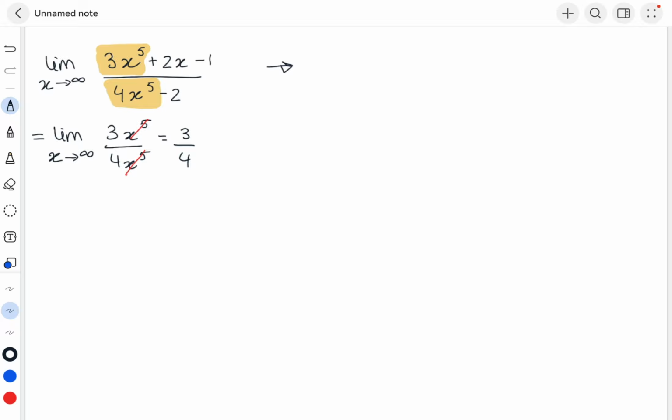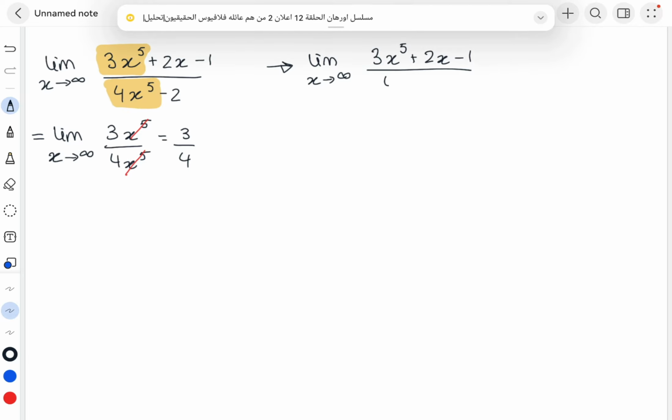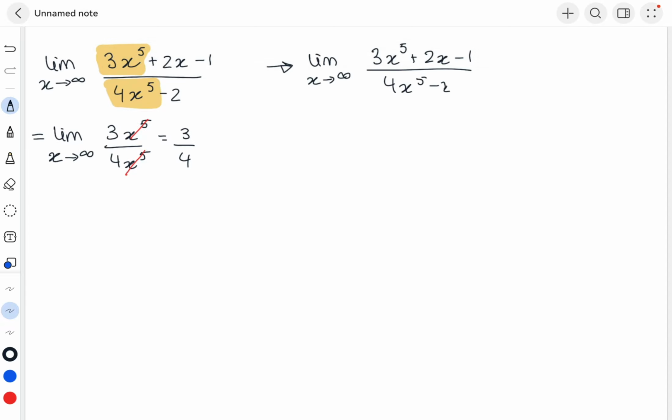Another way is where you factor out the highest x power from the numerator and the highest x power from the denominator. So, in that case, as we said, the highest x power is x power 5.